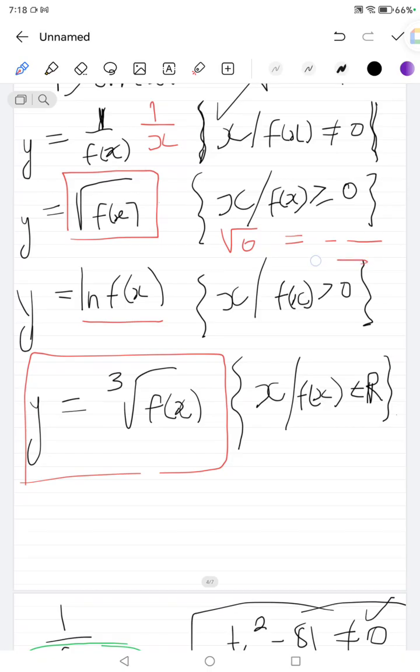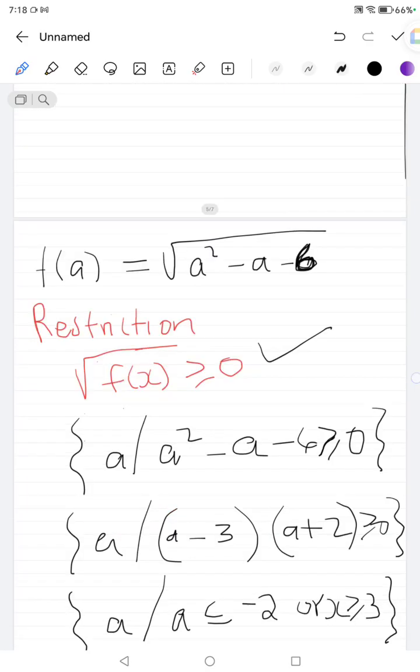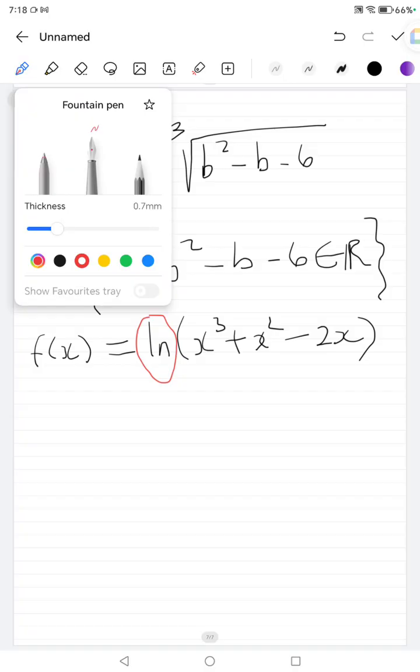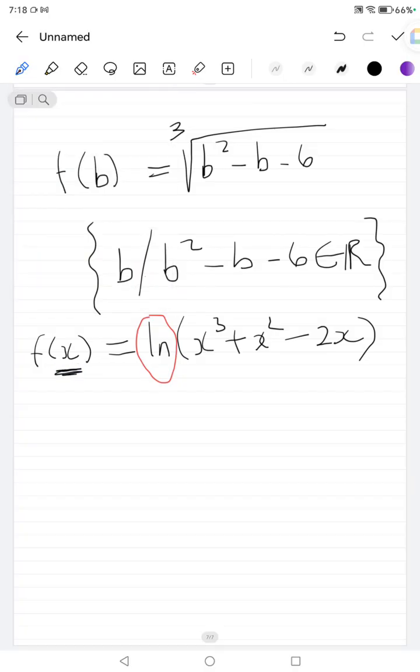So now we're going to be using these restrictions that you see this side. Whatever you have inside the ln should be greater than 0. So in short, remember now we're dealing with your x. I'm going to say you have x such that your x cubed plus your x squared minus your 2x should be greater than 0.